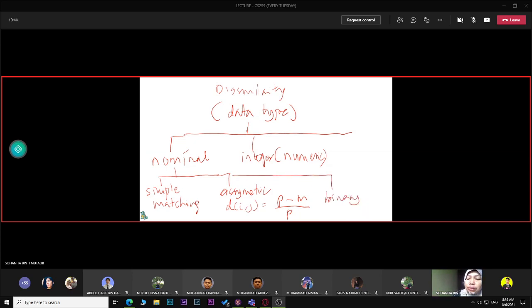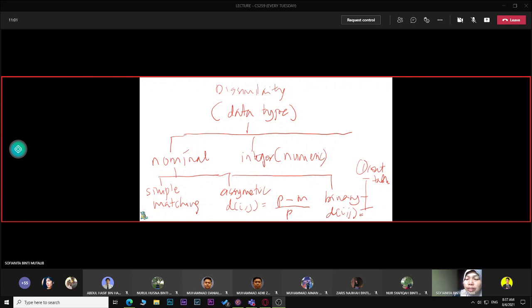Then we have binary. When you look at binary, firstly you have to build the contingency table, and then find the dissimilarity.